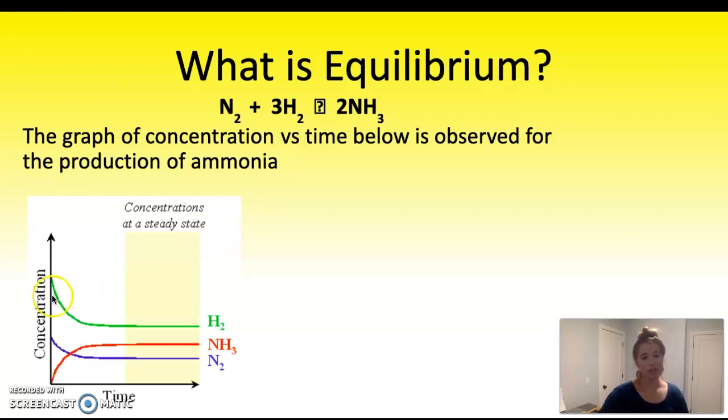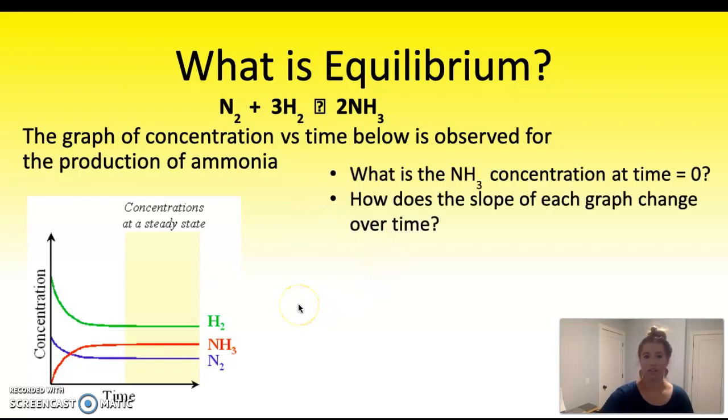Okay, so when hydrogen gas and nitrogen gas react, they start creating ammonia. But once the ammonia is being created, it can then decompose back into the nitrogen and the hydrogen. That's why we have that double arrow.